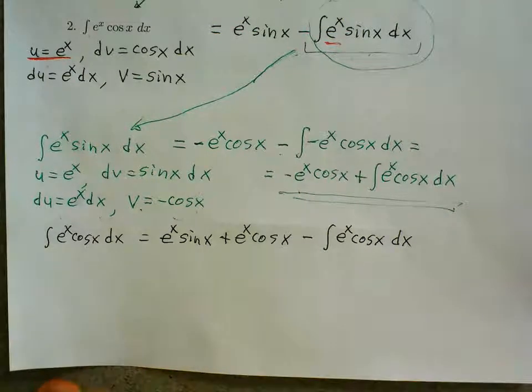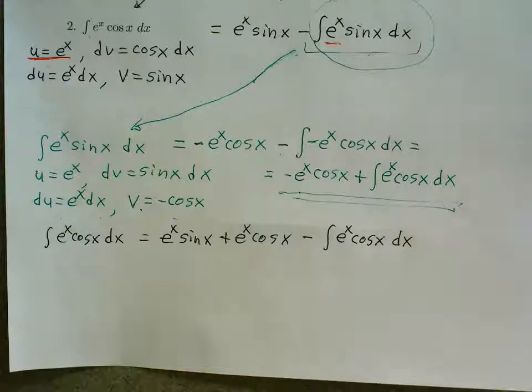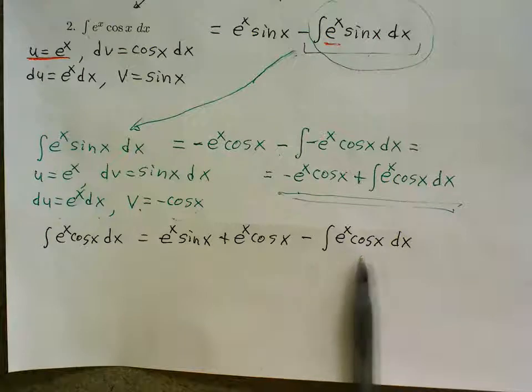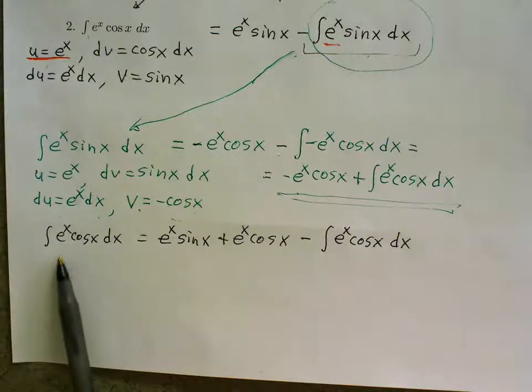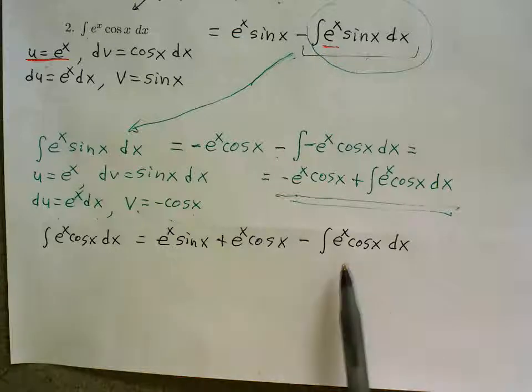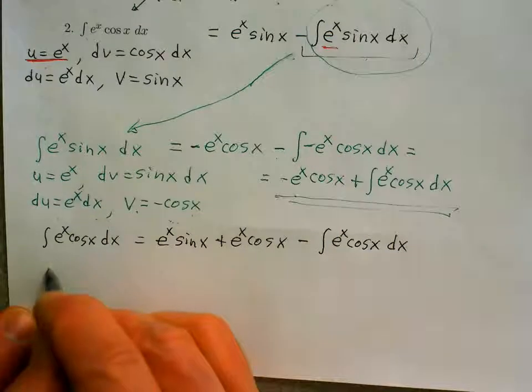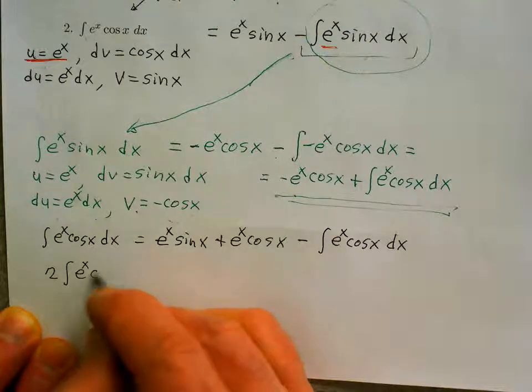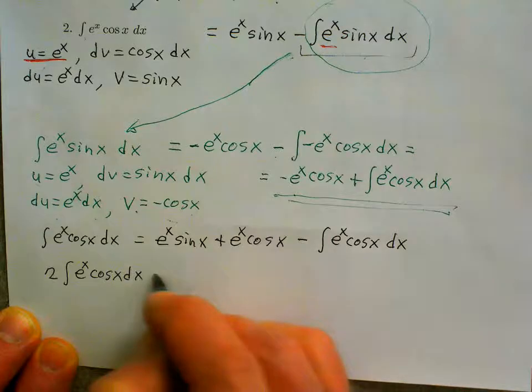Okay, what should we do now? Add the integral on the right side to the left. Yeah, notice that we have an indefinite integral of e to the x cosine of x dx, which is identical to what we began with. So if we add the indefinite integral of e to the x cosine of x dx to both sides, we're going to get 2 times the indefinite integral of e to the x times cosine of x dx on the left-hand side.